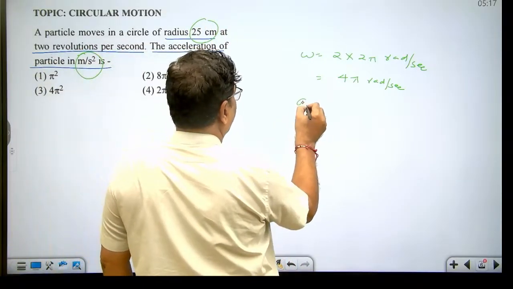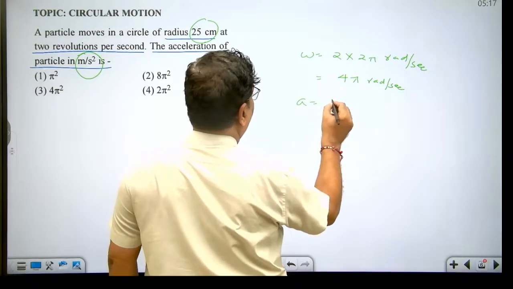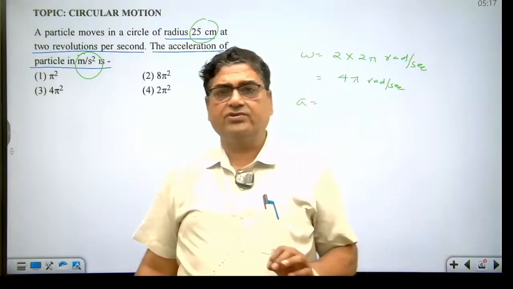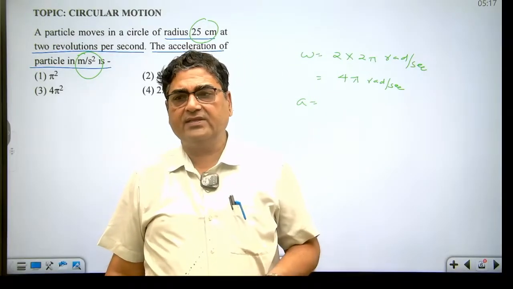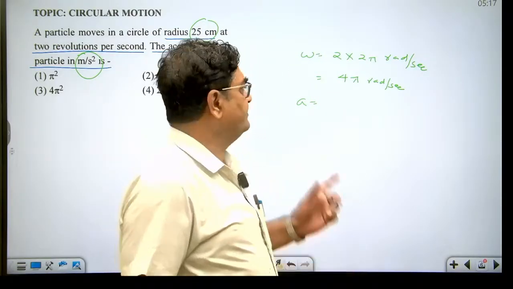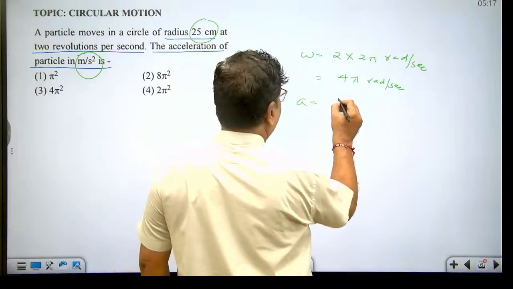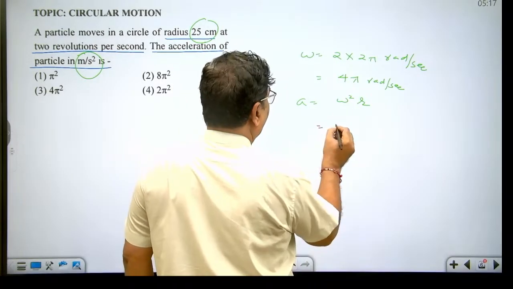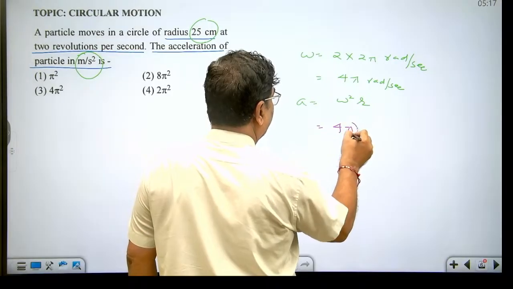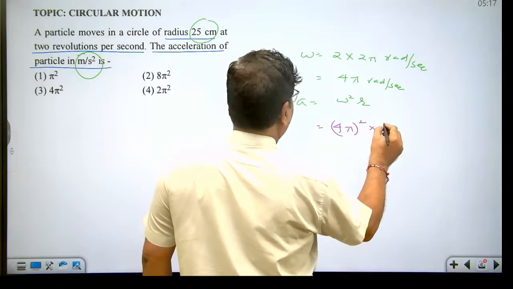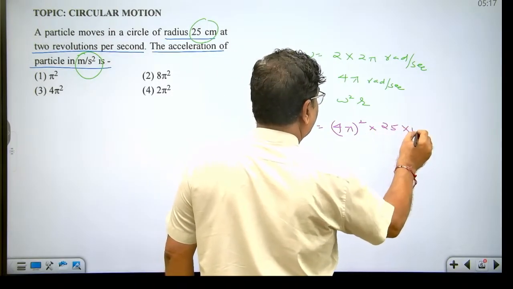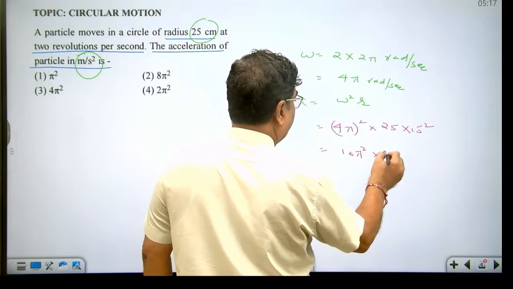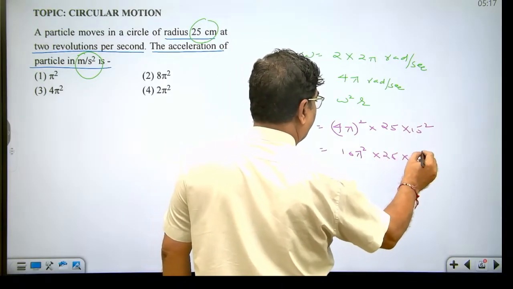So acceleration will be equal to, since omega is constant, only centripetal acceleration. Since omega is constant in the question, there will be only one acceleration, that is centripetal acceleration. So a equal to omega square R. Omega is 4 pi, and R is 25 centimeter. So this is 16 pi square into 25 into 10 power minus 2.